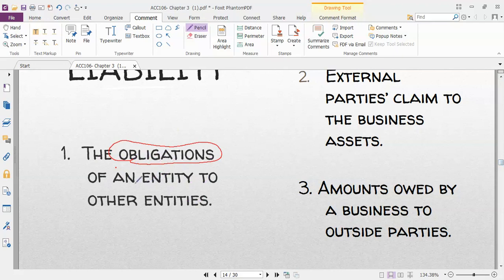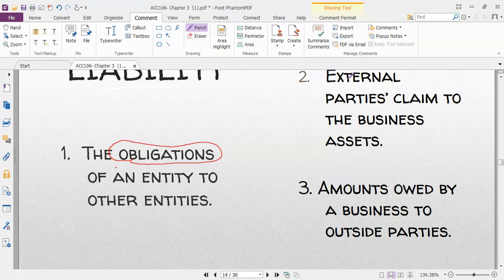Okay. Entity. Tanggungjawab entity tu siapa? Business itself. Okay. To other entities. Other entities sebagai financial institution. Contoh tadi bank lah. Okay, kita ada pinjam dekat bank. So, kita bertanggungjawab untuk bayar balik. Right. So that is liability.